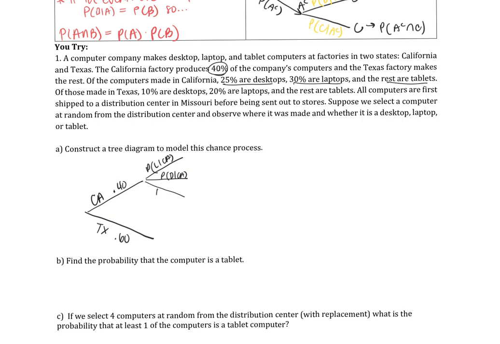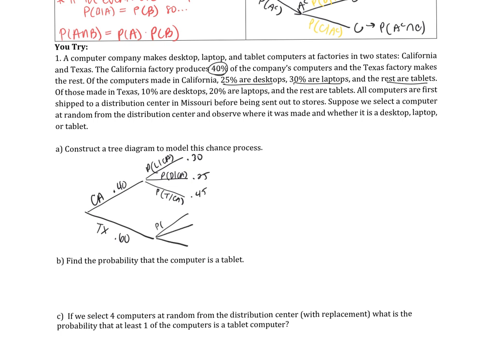Okay. The probability of a desktop from California is 0.25. Laptops from California is 0.30. And tablets are 45%. We're going to do the same thing now for Texas.